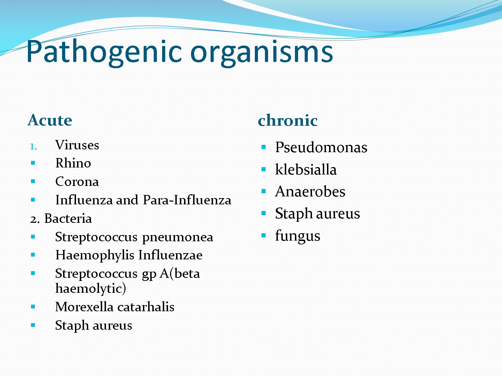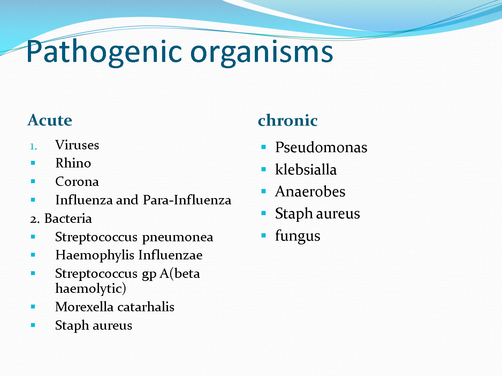In acute, viruses are the most common pathogens: rhinovirus, coronavirus, influenza, and parainfluenza virus. Bacteria which are common in acute inflammation are Streptococcus pneumoniae, Haemophilus influenzae, and Moraxella catarrhalis. Staph aureus is common in both acute and chronic infections. Sometimes Streptococcus pyogenes, which is beta hemolytic, can cause acute inflammation of the nose and paranasal sinuses.